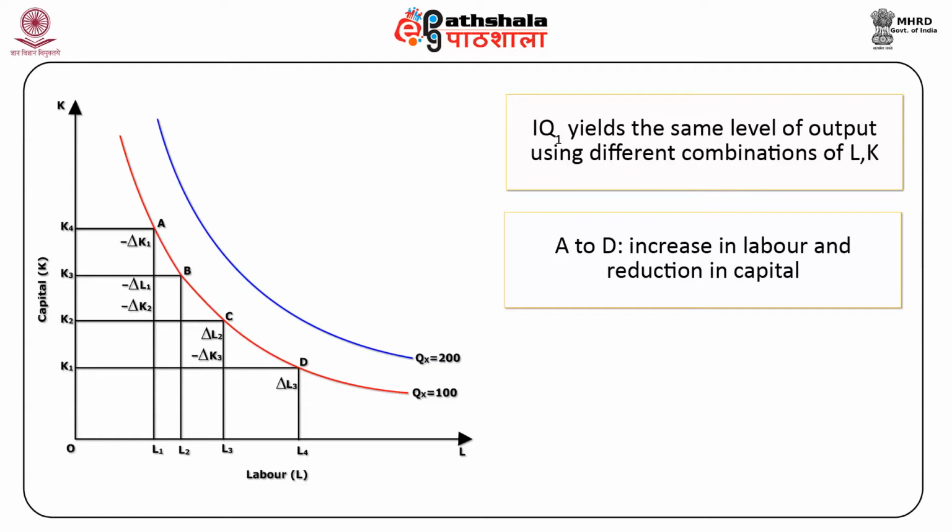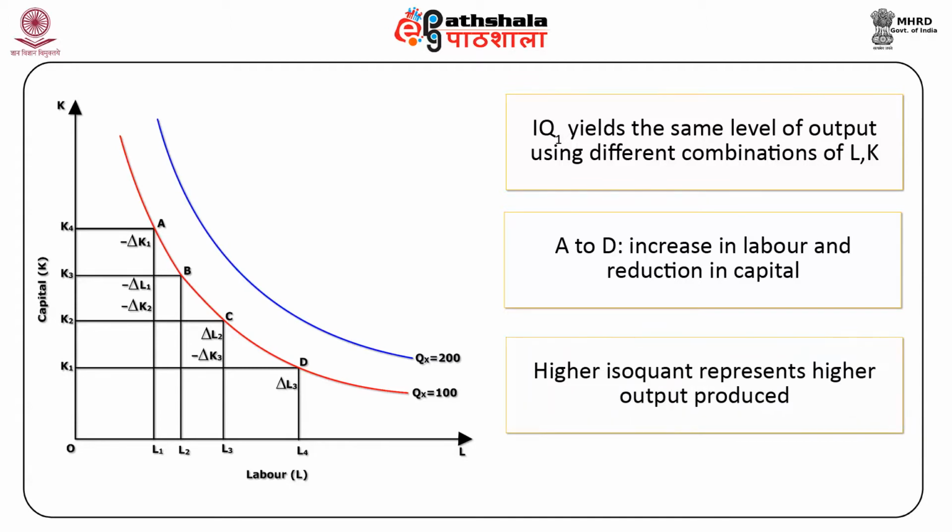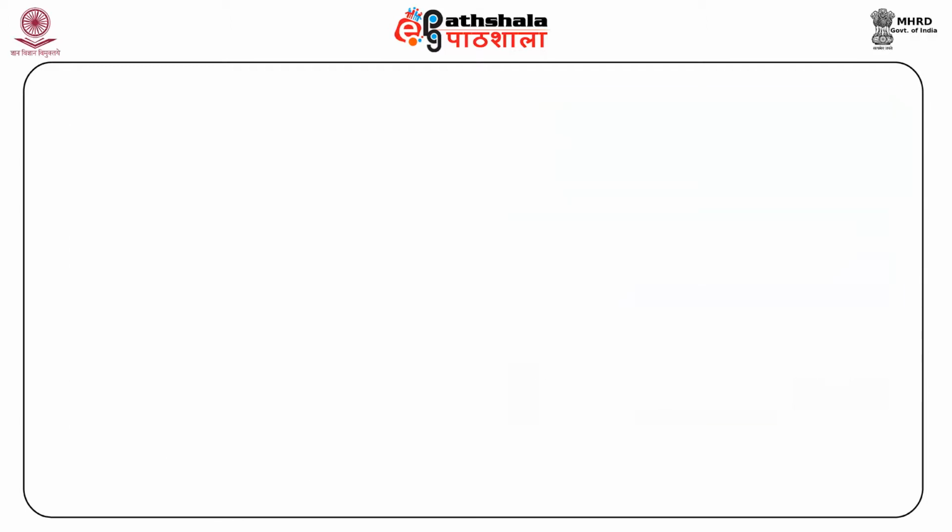This clearly indicates that labor and capital are substitutes for each other, as the same quantity of X can be produced by either more of labor or less of capital, or by more of capital or less of labor. A higher isoquant represents higher output produced using more of both labor and capital, as represented by IQ2 in the diagram, which is yielding 200 units of X.